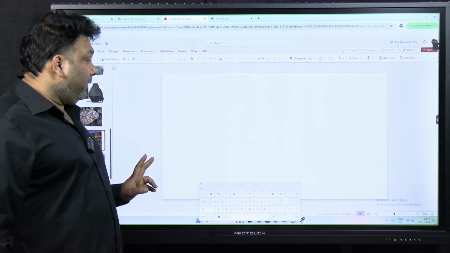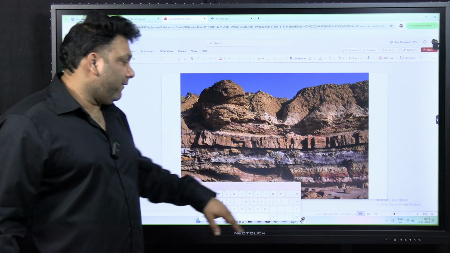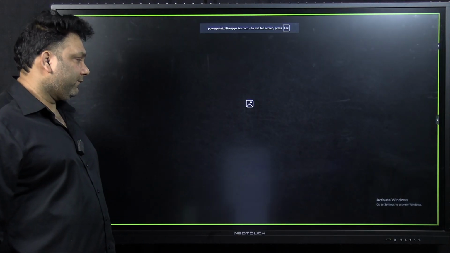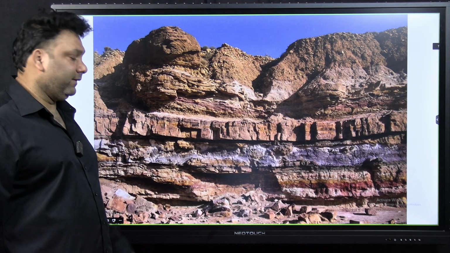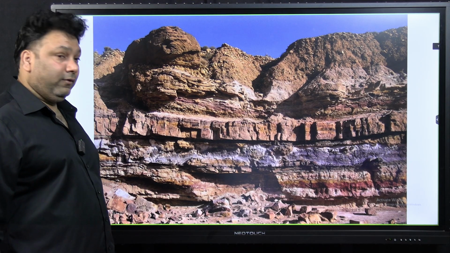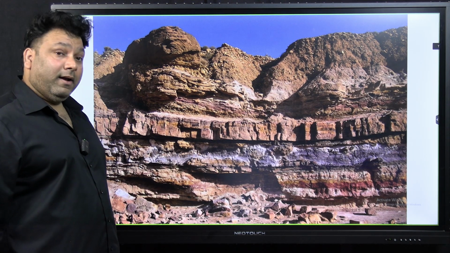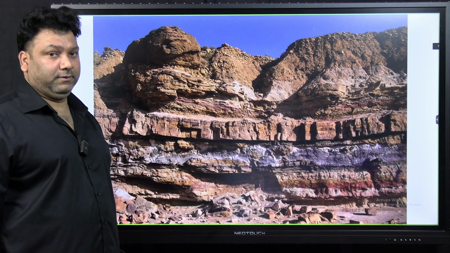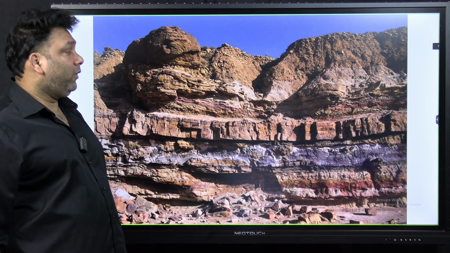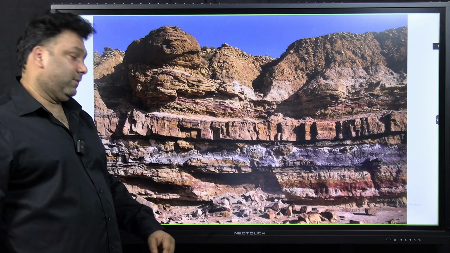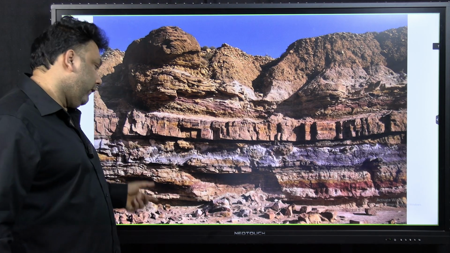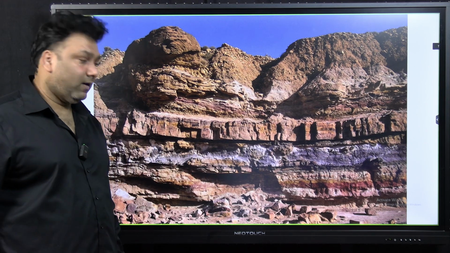Now, over a period of time, you can have layer over layer like this. So you can see various layers, and for one layer to form, it has taken millions of years. And because of the pressure from above, these sediments have been compacted and they have formed sedimentary layers.